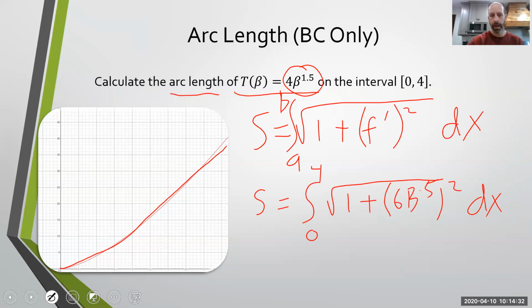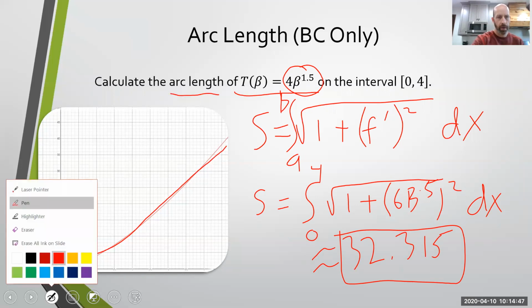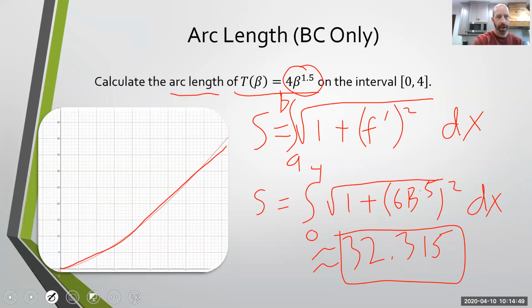At this point, I'm going to plug this into my calculator and let it do the work, because we're getting past 8 minutes, and that's going to be 32.315. That is the arc length, which kind of makes sense. One thing you could do to check that answer is imagine if we were to draw a right triangle here.